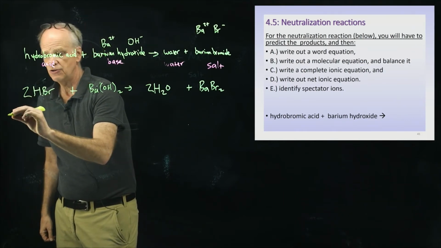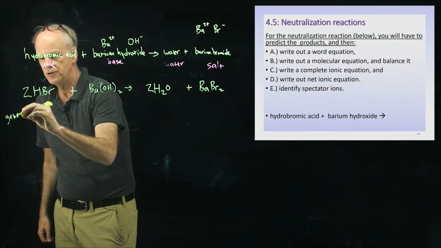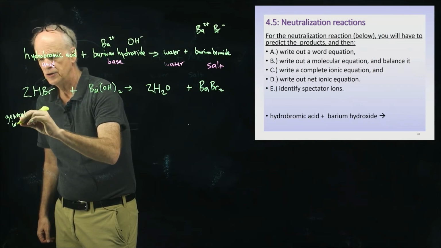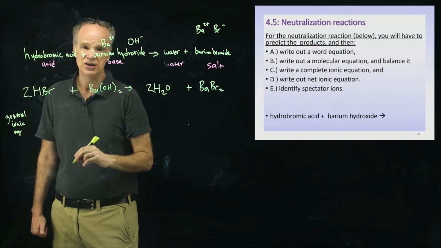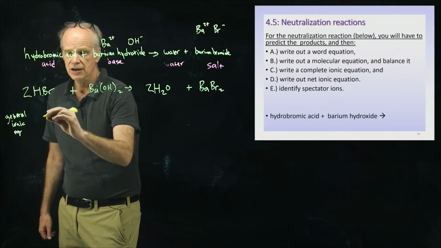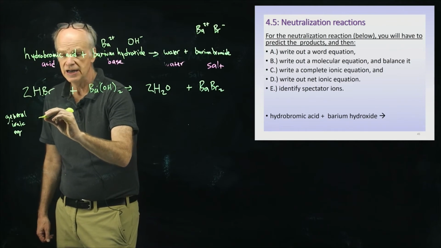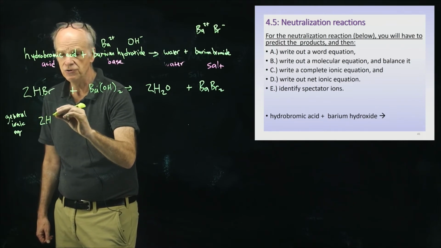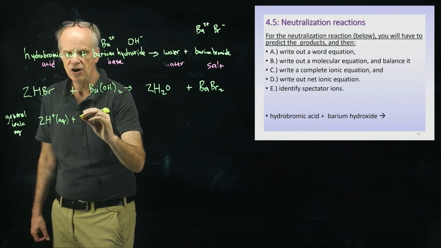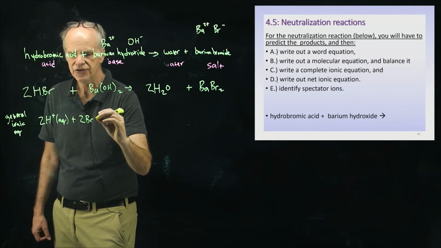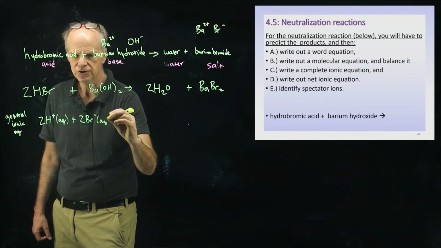So for the general ionic equation, let me write here general ionic equation. It's also called a complete ionic equation, just depends on the book you're looking at. So here what you have is we're going to have 2 hydrogen ions, right? And this will be an aqueous solution. And then we'll also have 2 bromide ions, which is also an aqueous solution.